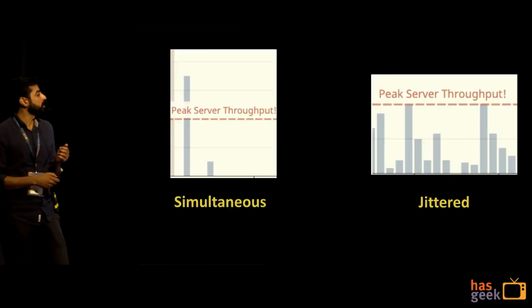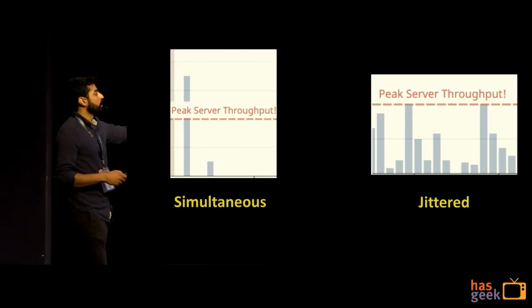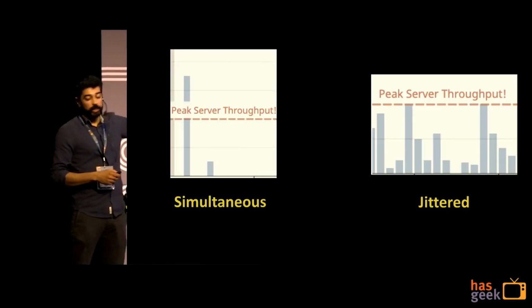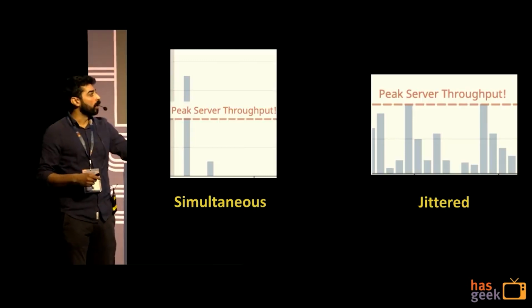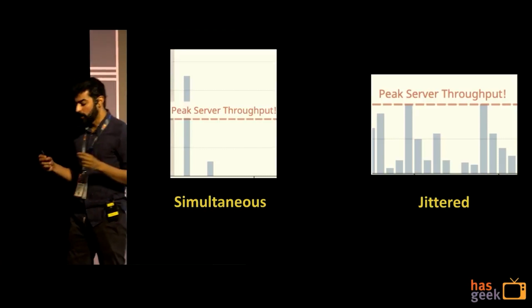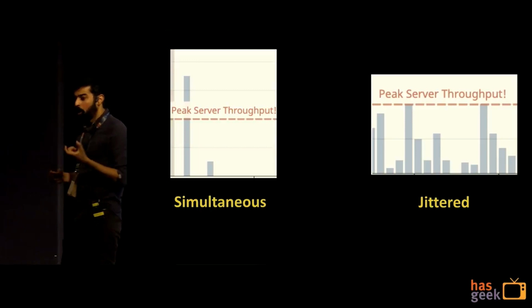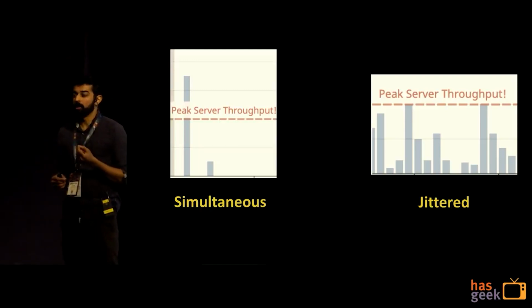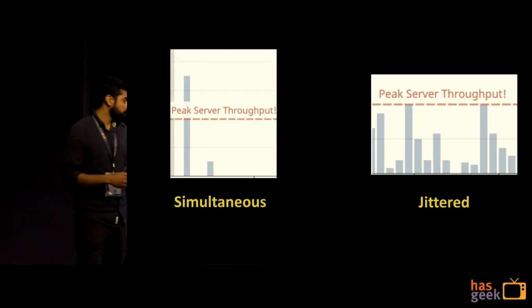So what this creates is a scenario where, as opposed to reaching our peak server throughput, we're staying consistently below the throughput by just evenly spacing out the requests, by applying this small jitter to the various clients that need to retry.